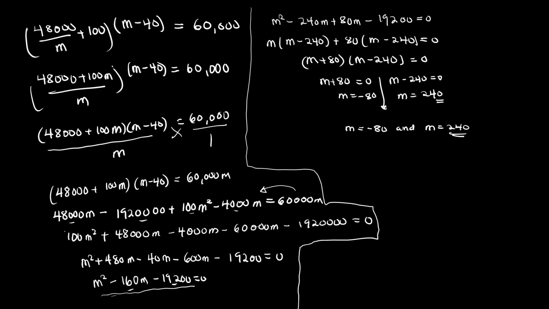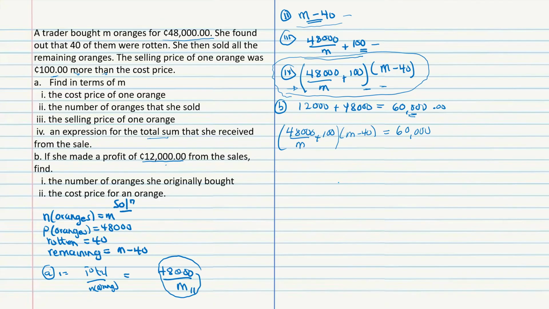So 240 is the answer. Back to our question, after solving everything, m is equal to 240. So we have 240 oranges, the original number of oranges that she bought from the farm.